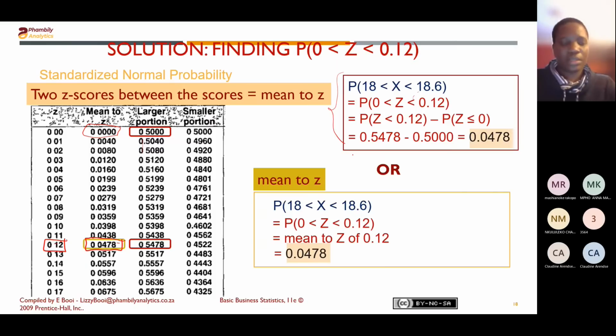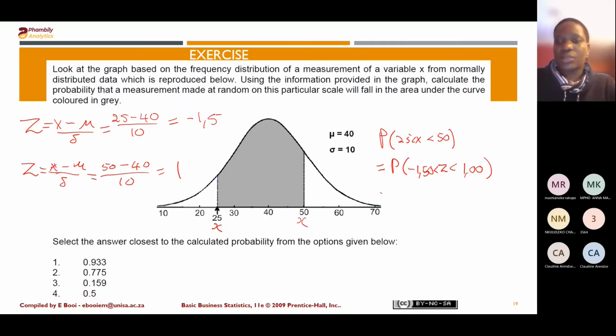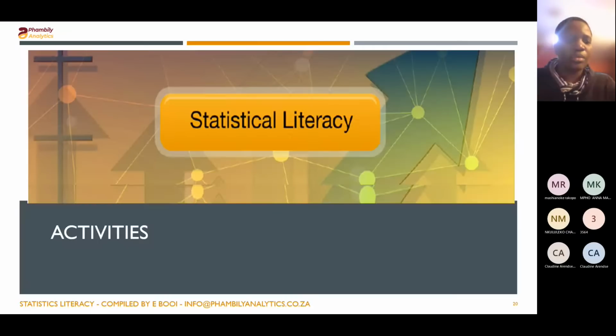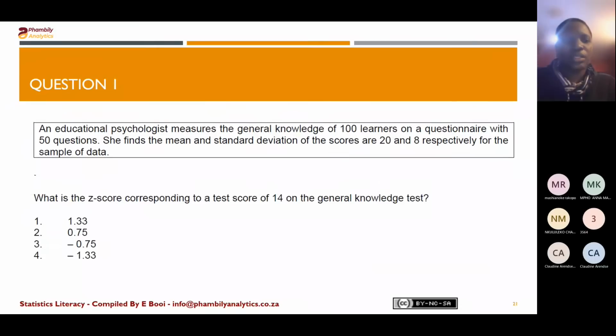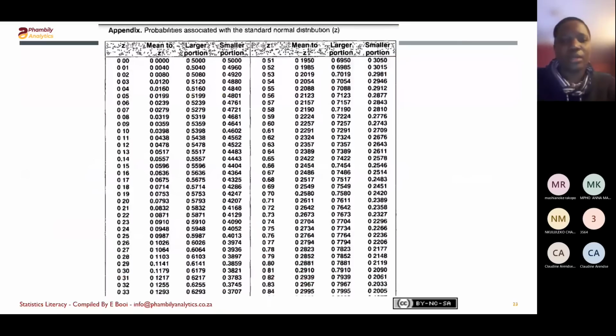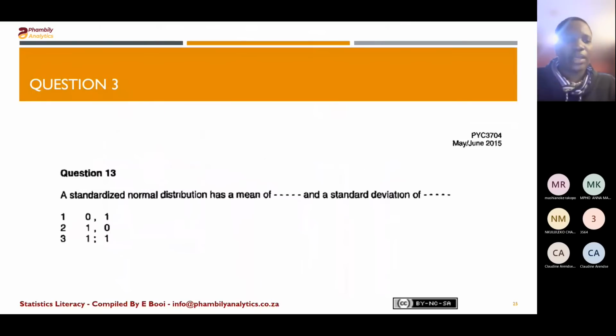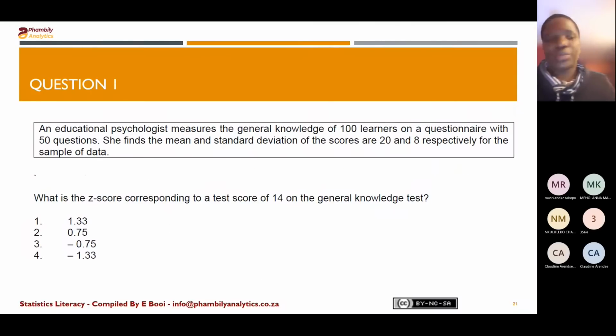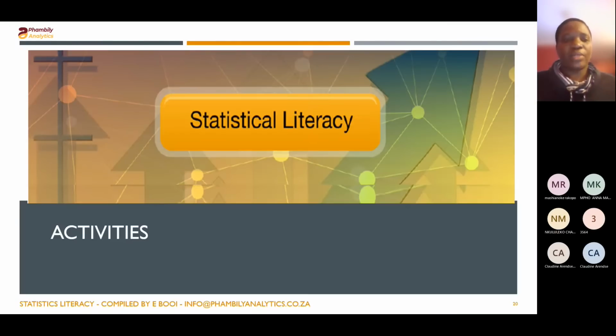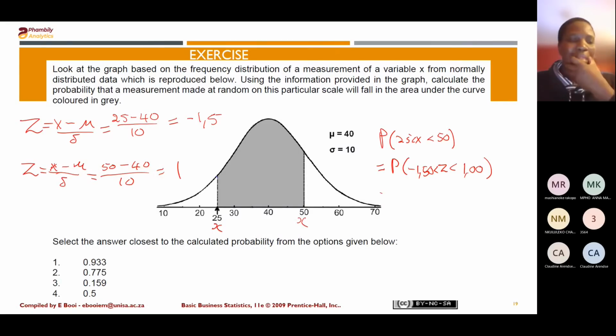Let's look at the table that I have. I don't have the table with the ones, so just bear with me. I'm going to look for a table with the ones.